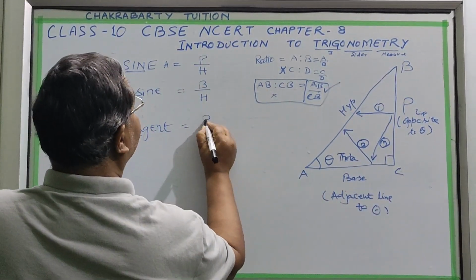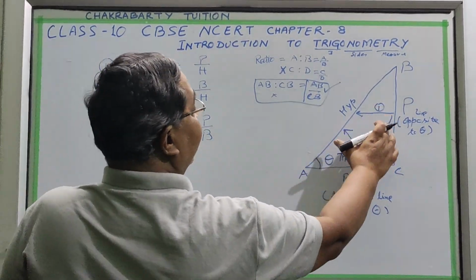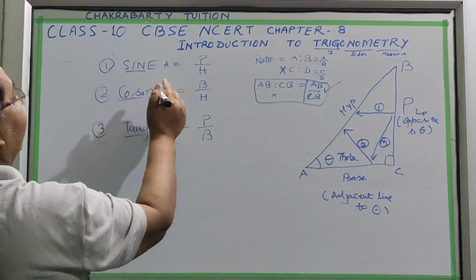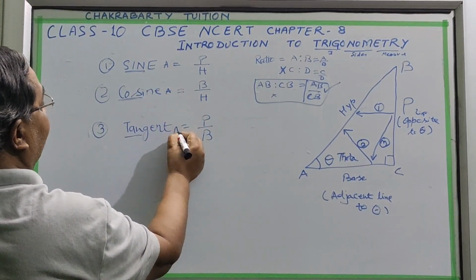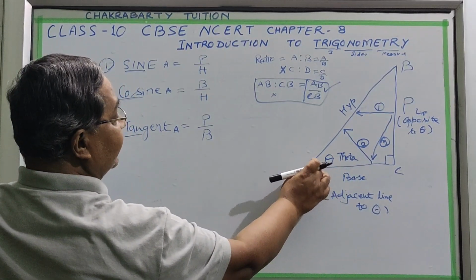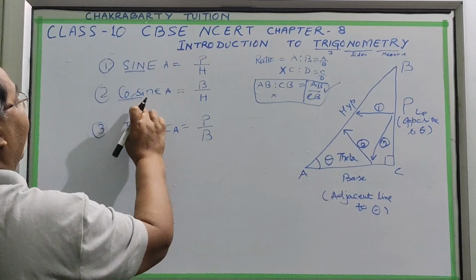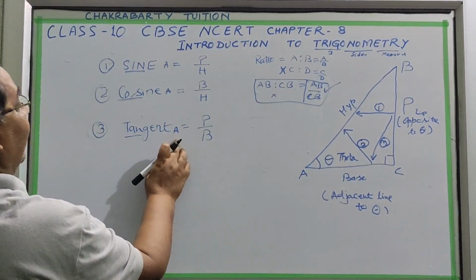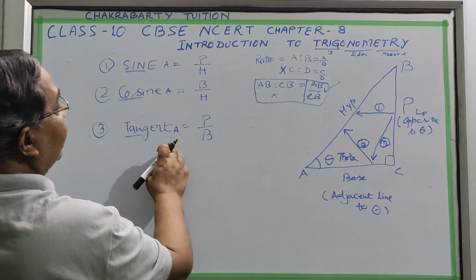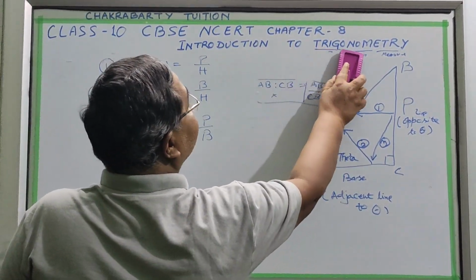It is P upon B that we write. So keep this diagram in mind, and remember sine A, or in place of A we can write theta if A is not given. Suppose only theta is given: sine theta, cos theta, tan theta, or sine A, cos A, tan A. Okay, these are the three relations we are discussing.